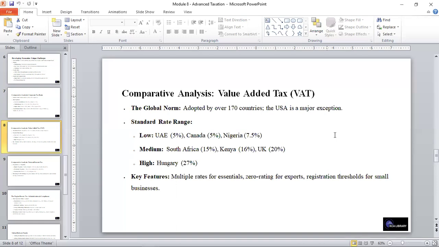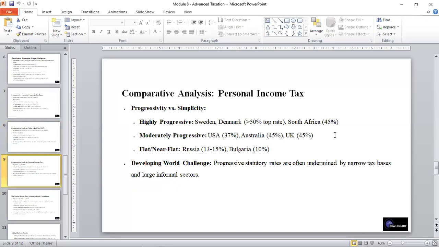Key features include multiple rates for essentials, zero rating for exports, and registration thresholds for small businesses. Looking at personal income tax, we look at progressivity versus simplicity. Highly progressive include Sweden, Denmark, South Africa.